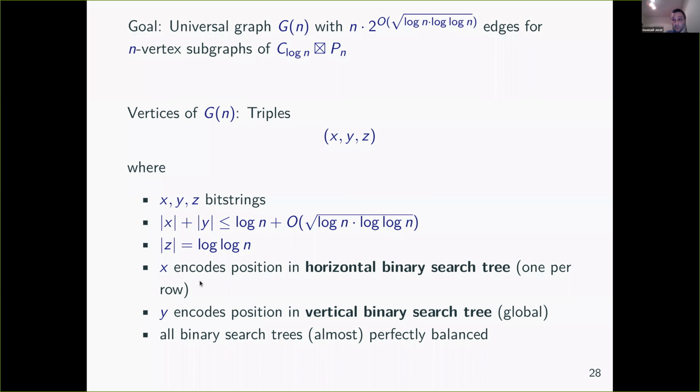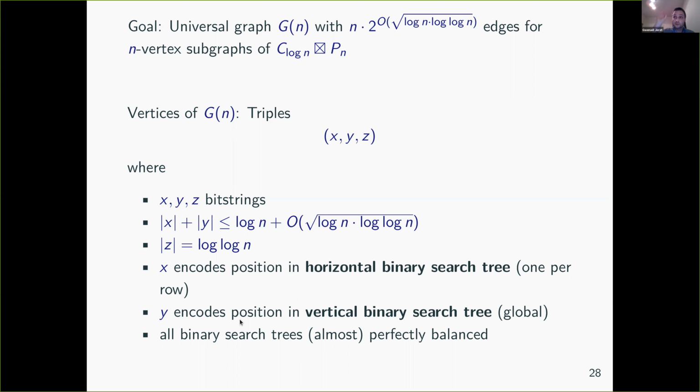Okay, so what is the meaning of x and y? Well, x and y will encode a position in some binary search tree. Let's start with y. So y will encode the position in some vertical binary search tree. And by vertical, I mean that you're going to think about this vertical path, and you are looking at the rows, and each row will be put somewhere in this vertical binary search tree.